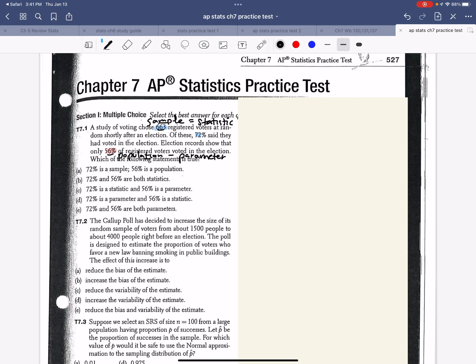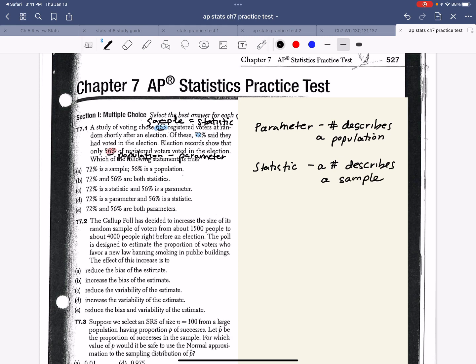So again, a parameter is a number that describes a population. So that could be a proportion or an actual measurement number. And a statistic is a number that describes a sample. So the answer that fits is C.